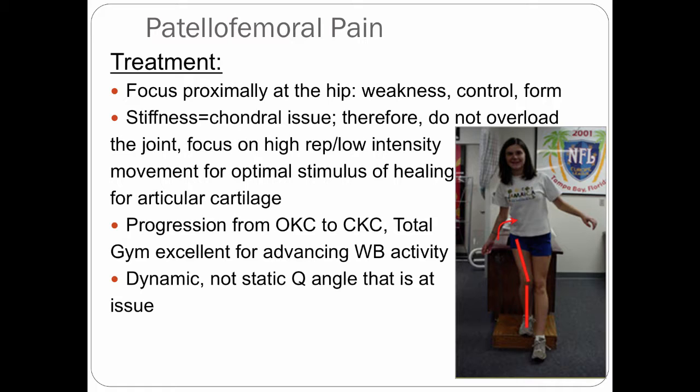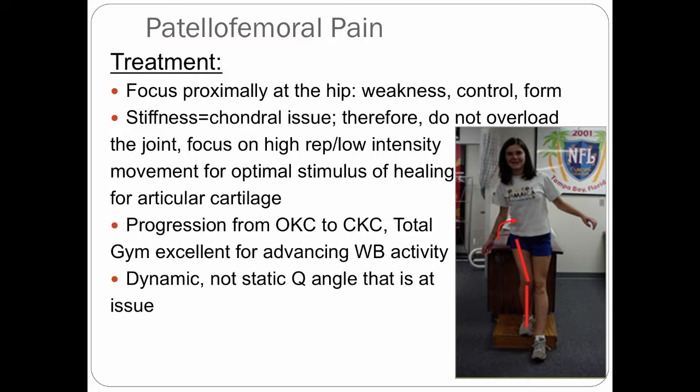The more we bathe that joint with the fluid of the knee, the healthier it's going to become. So we progress from open chain to closed chain. I really like the Total Gym because you can raise and lower the height and advance the weight bearing.